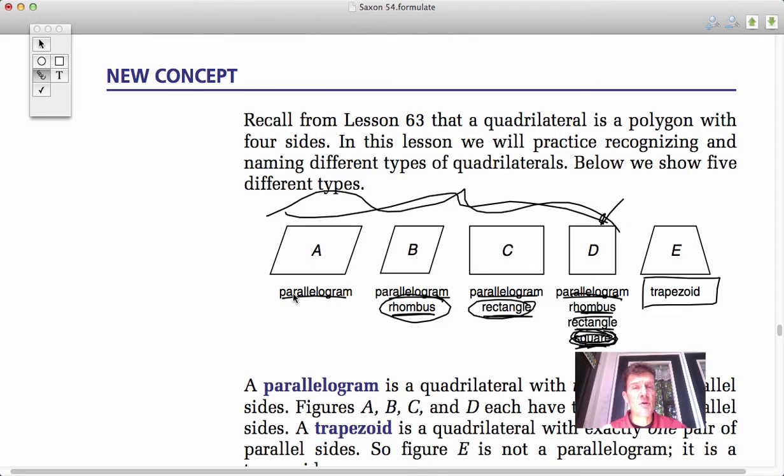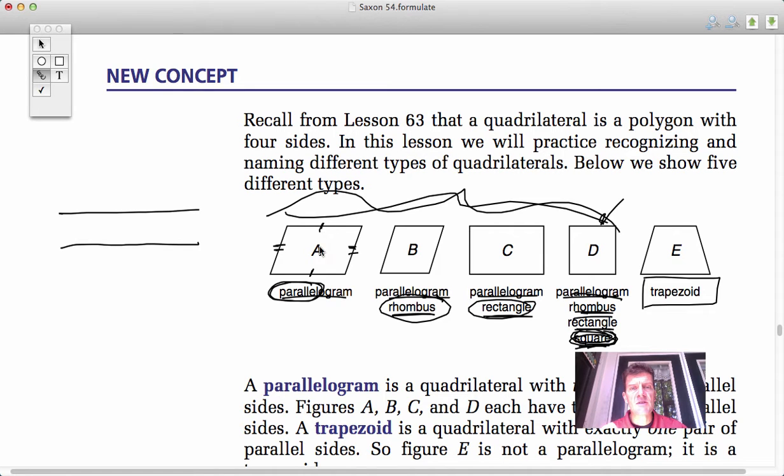A parallelogram. You might see the word parallel in here. A parallelogram means that opposite sides of the quadrilateral are parallel. Parallel means that they never cross. If you were to extend those sides and continue to draw them right and left, they would never cross. Okay? So you'll notice here in object A, the sides that are across from each other are parallel.